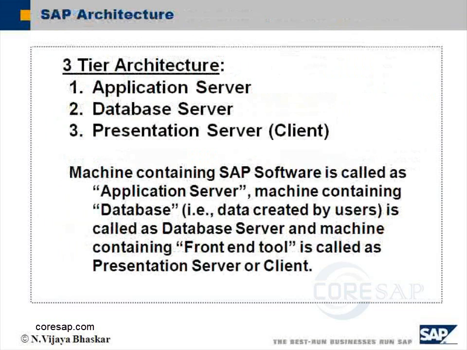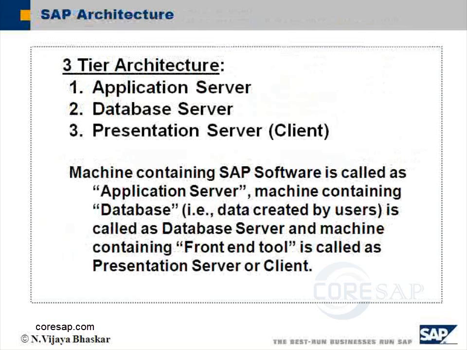Our SAP server has these 3 components: application server, database server, and presentation server. Guys, the application server is that part of the infrastructure where SAP software is installed, right? Whereas the database server is that part of the infrastructure that holds data created by users, right?